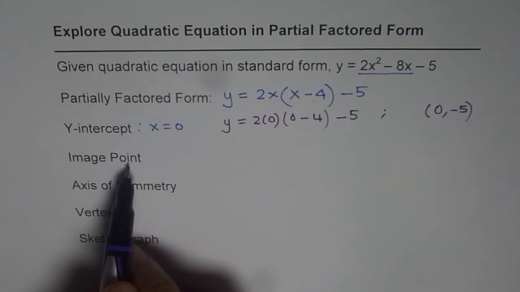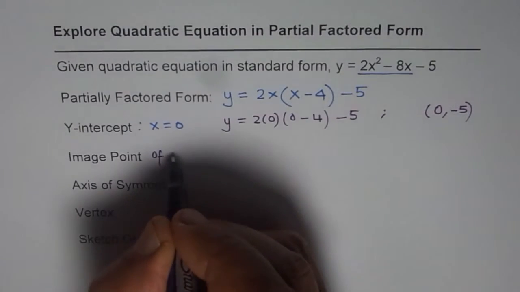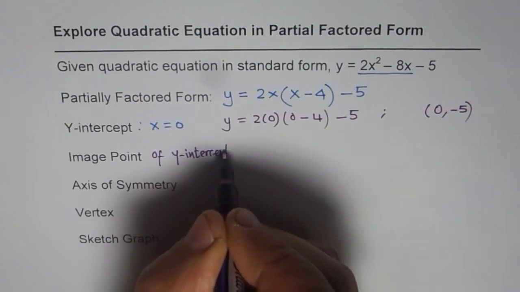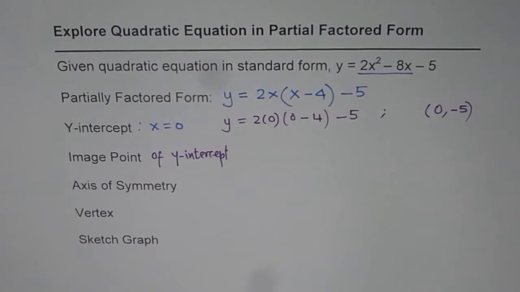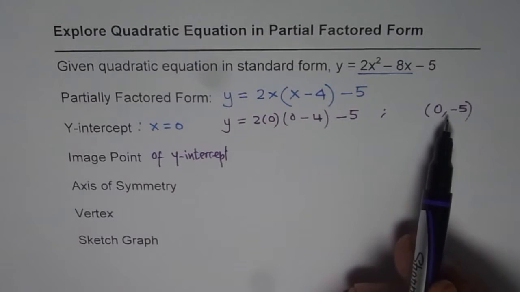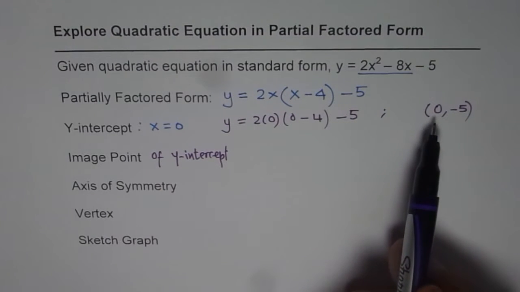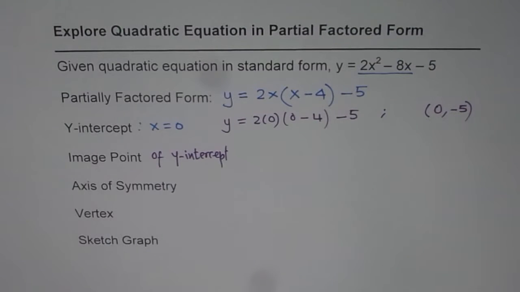Now we'll consider the image point of the y-intercept. So that is what we mean when we say image point. So we already have a point. We are trying to find a symmetric point on the graph of this y-intercept. As you know, a parabola has an axis of symmetry, and so every point except for the vertex has an image point.